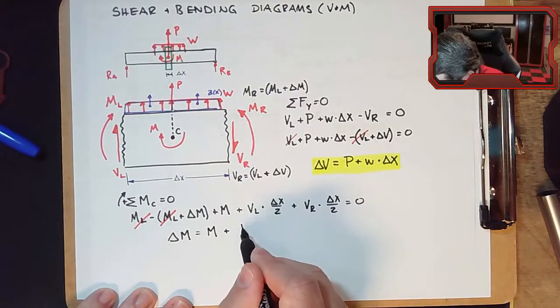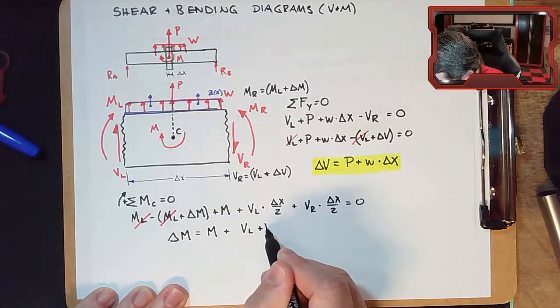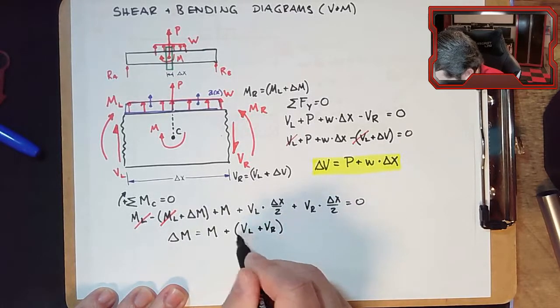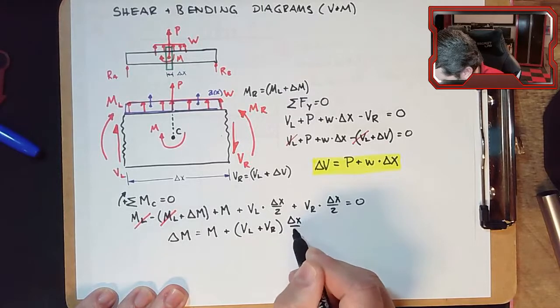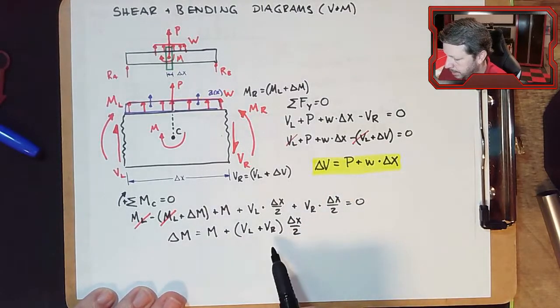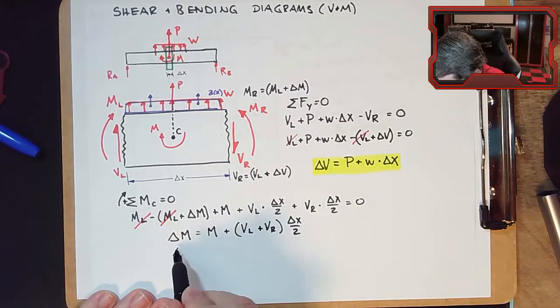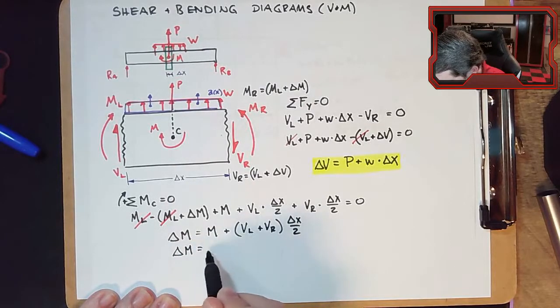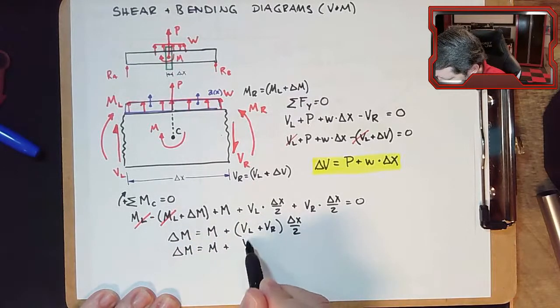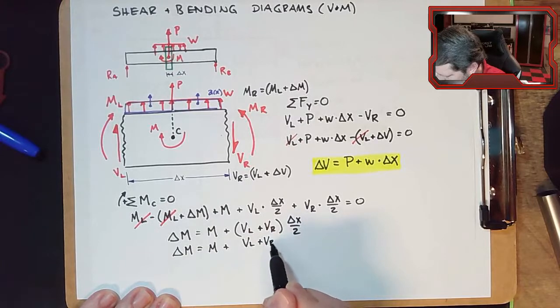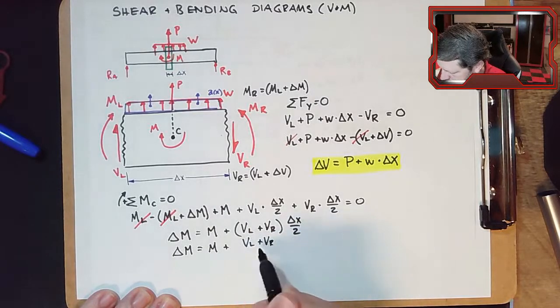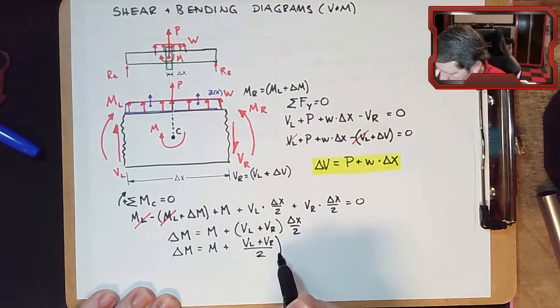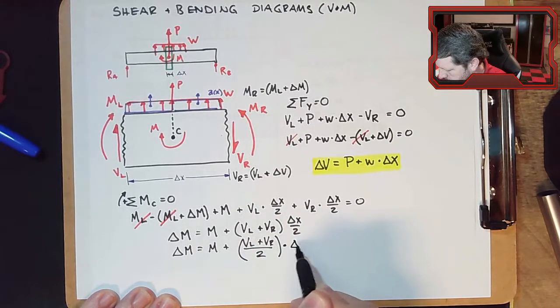So plus VL plus VR times delta x over 2. And then I'm going to write it a little bit different: VL plus VR, I'm going to put the over 2 in here and leave the delta x over here.